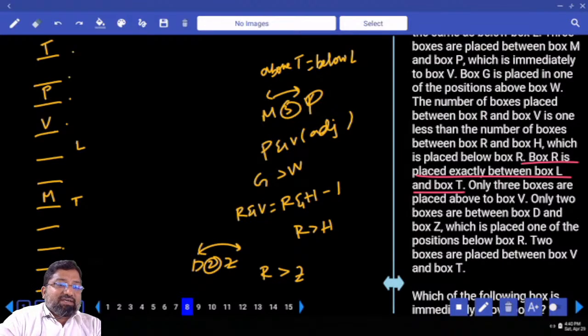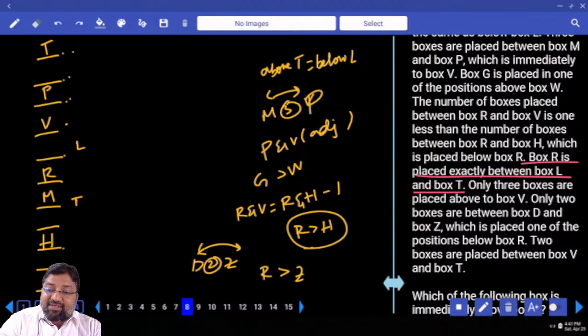So the 6th box will be R. This is R. Between R and H there should be 2 persons. Is it possible above R? No. It should be below R. So H must come after R.